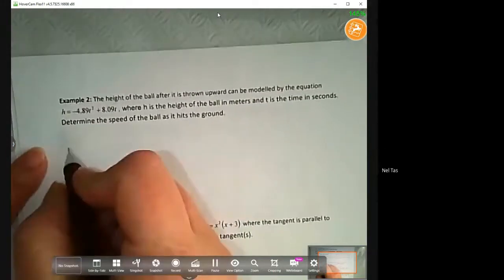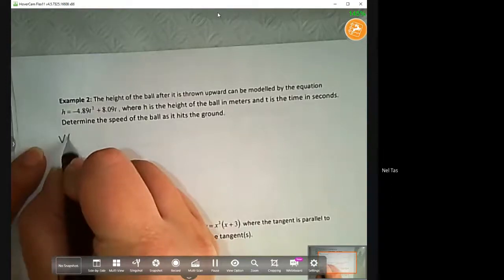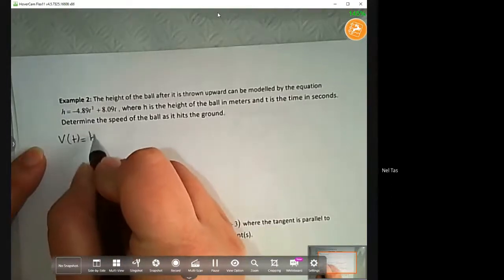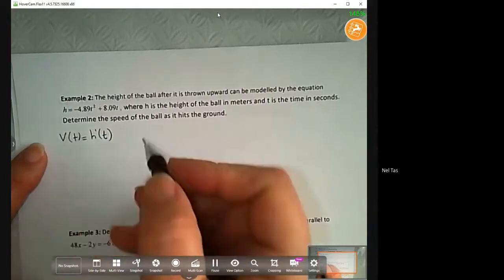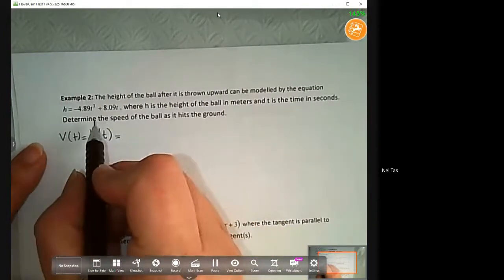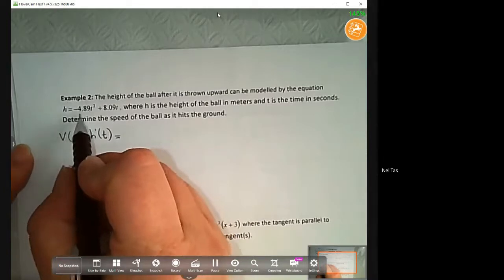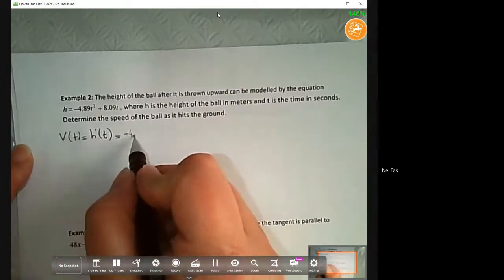So again, velocity function is the derivative of h function, which is the position function here. So now we're going to use a shortcut. Keep the constant negative 4.89.